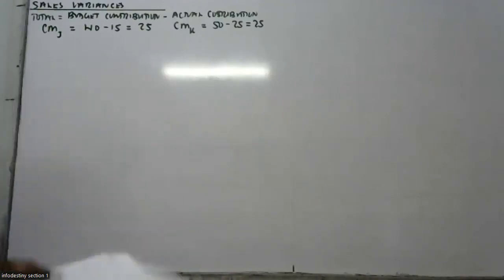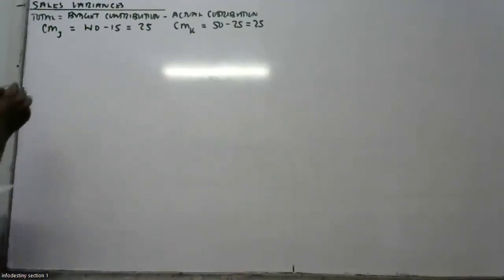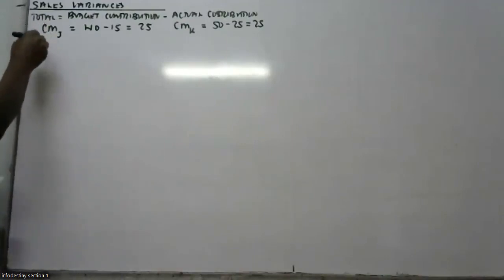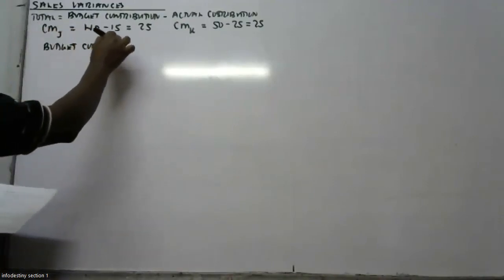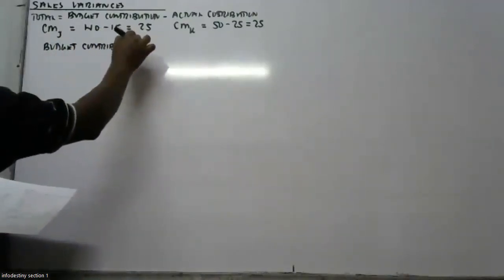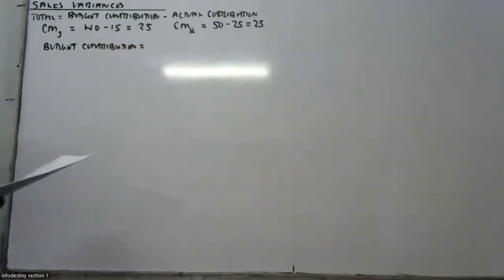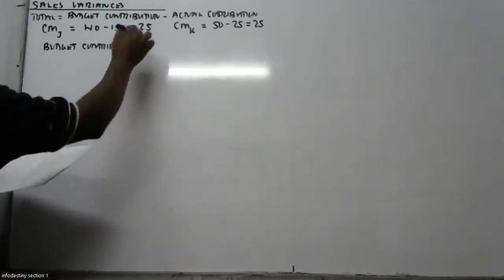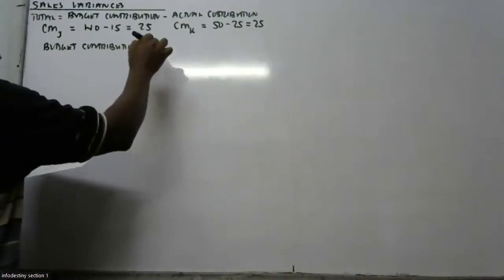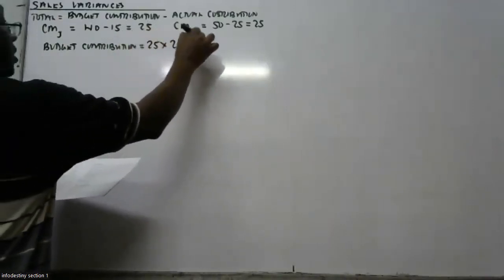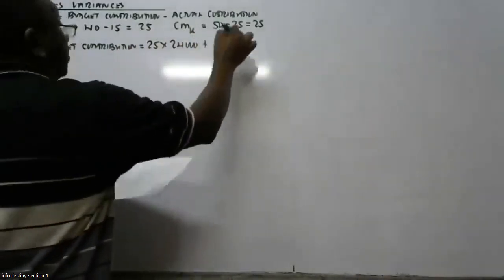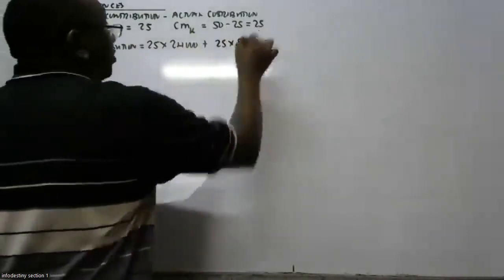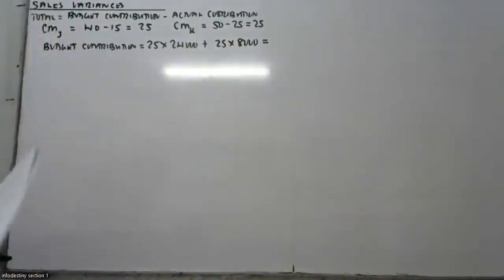Then budget contribution will be equal to 25 times the number of units, which are 24,000, plus this other one also has 25 times the number of units, which are 8,000.